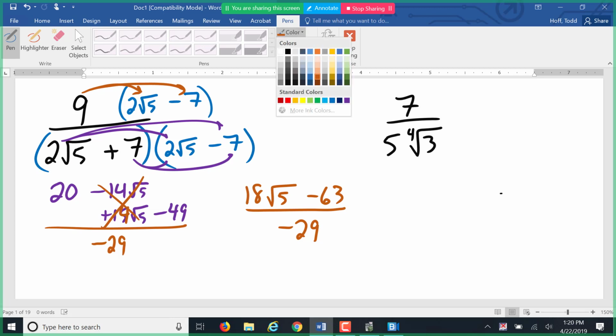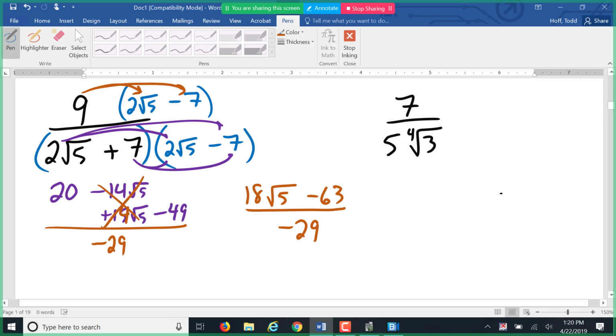We do not like having single numbers that are negative like that. So what they would most likely do is this. They would multiply both the numerator and denominator by a negative 1 to make this negative 18 root 5 plus 63 over 29.